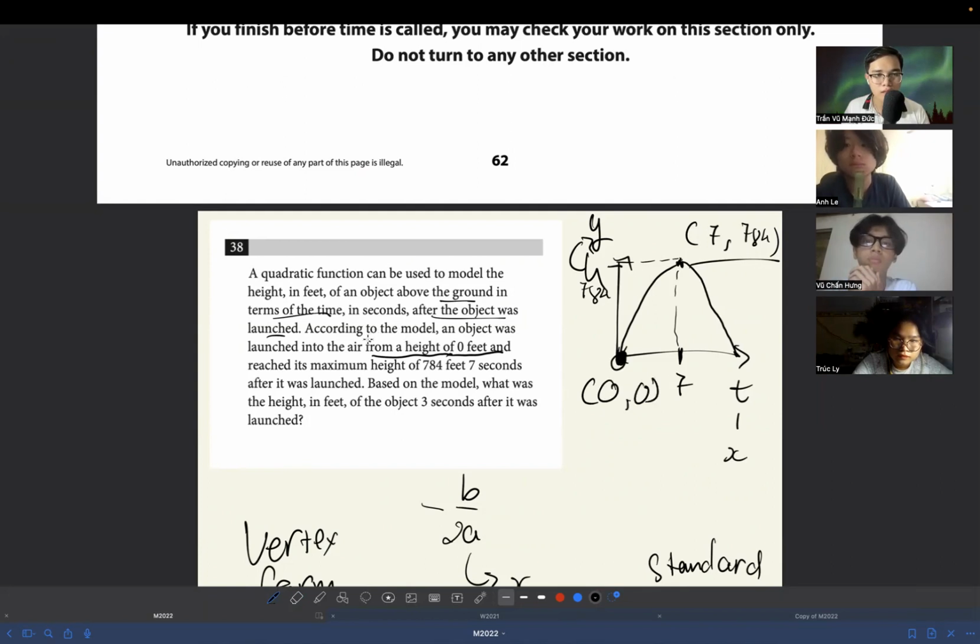Because at the launching time, t is 0 and the height is 0. So this point is 0, 0, and they launch up, right? So you have 2 points, and you simply plug in the 0, 0 point.